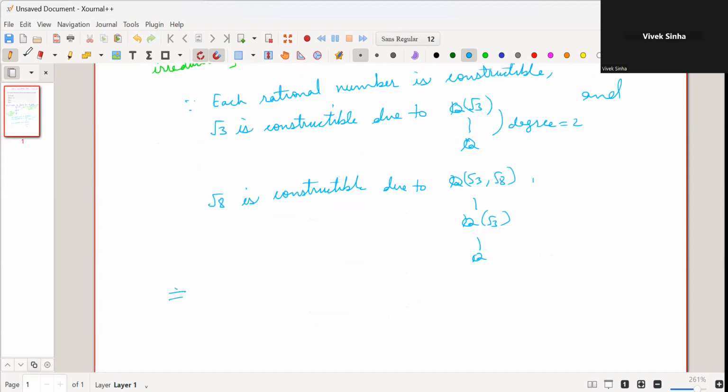This implies each element of Q root 3 root 8 is constructible. Why is it so?